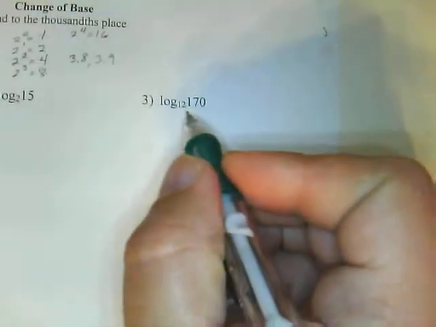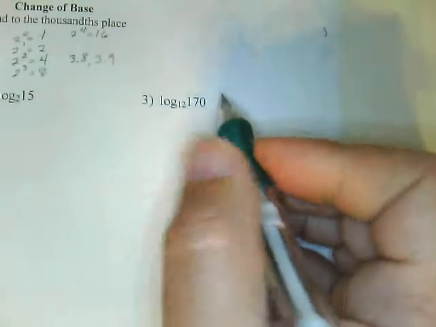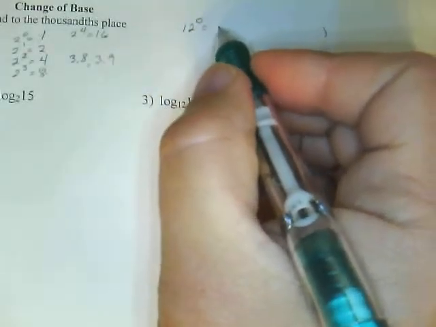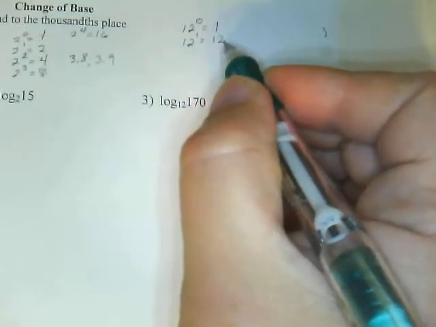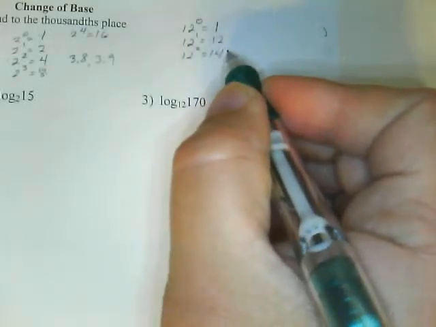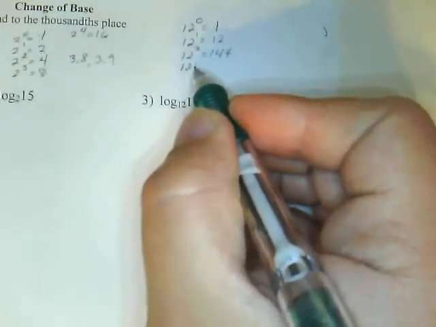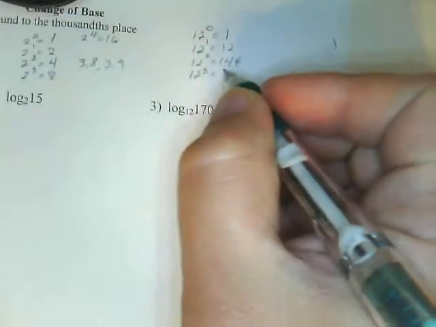This one is 12 to the something power will give me 170. So again, I'm going to estimate it. 12 to the 0 power is equal to 1. 12 to the first power is equal to 12. And 12 to the second power is equal to 144. 12 to the third power is equal to, let's find out, 1728.